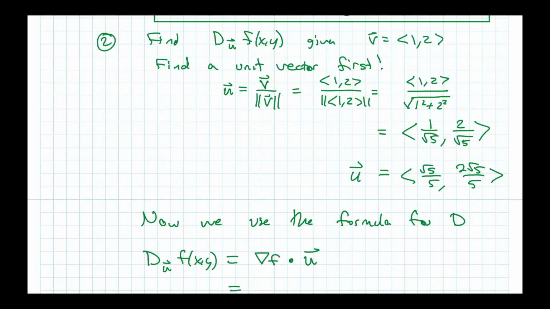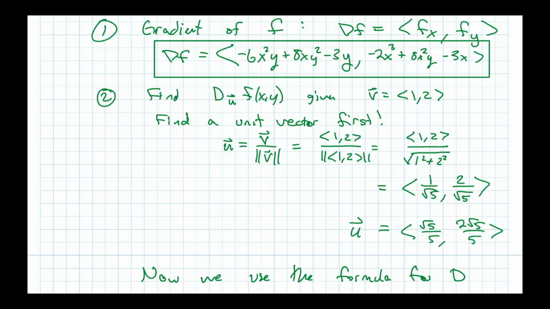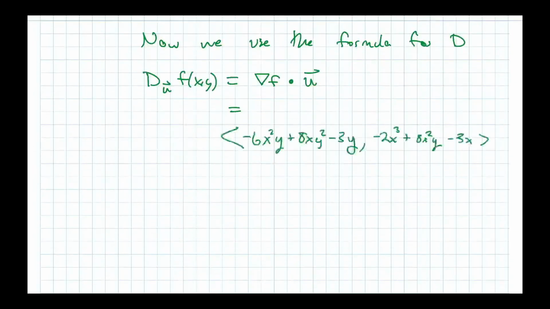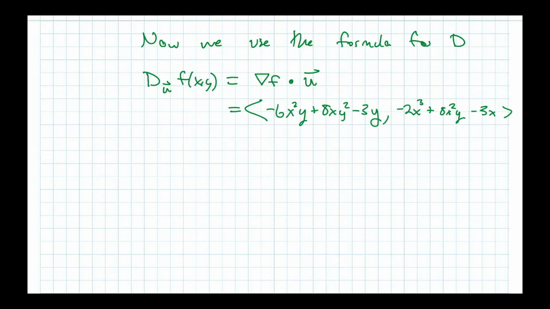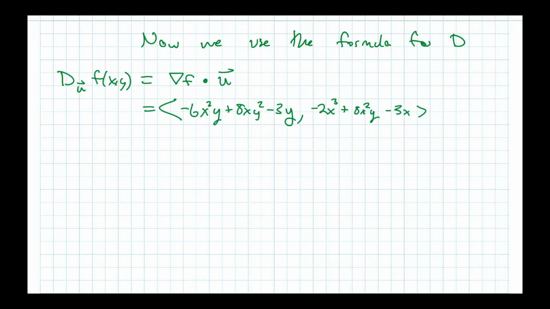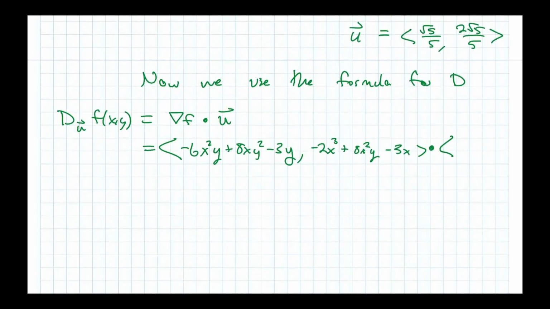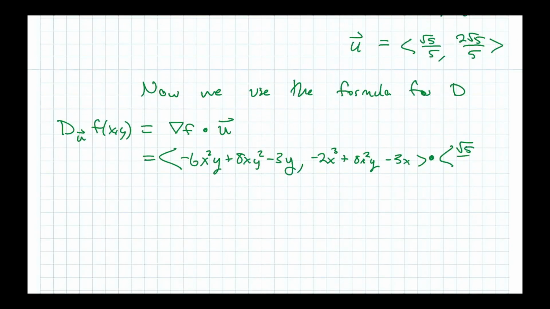So we need the grad f. Kind of long and complicated looking. Let's give ourselves some more space. Okay, dot the u, which is radical 5 over 5, 2 radical 5 over 5.